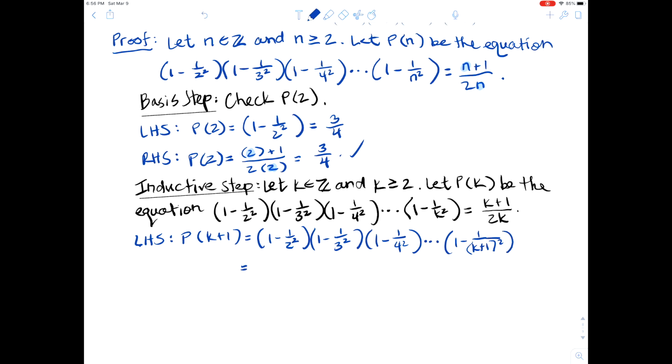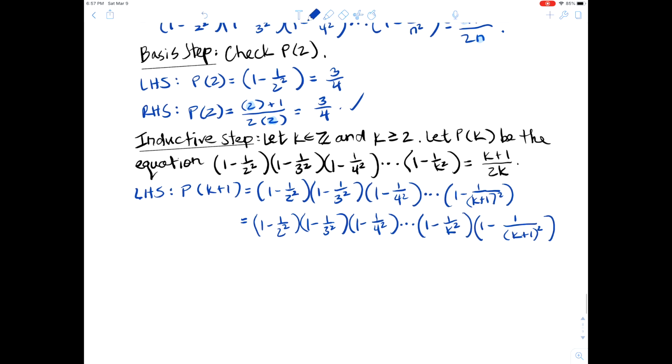But including the kth term, what would happen? We'd have (1 minus 1 over 2 squared) times (1 minus 1 over 3 squared) times (1 minus 1 over 4 squared) times (1 minus 1 over k squared) times (1 minus 1 over (k plus 1) squared). Good, good?